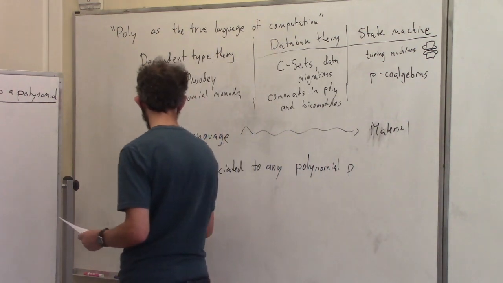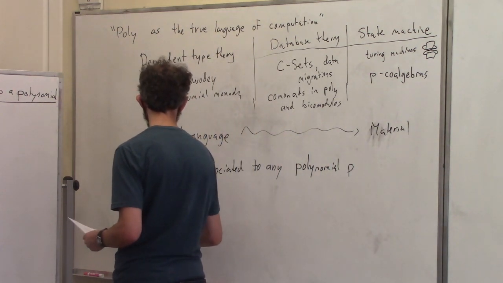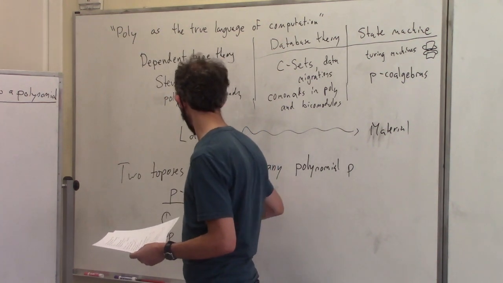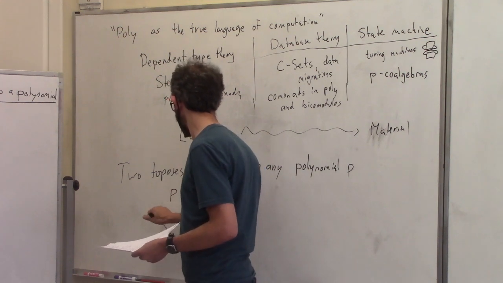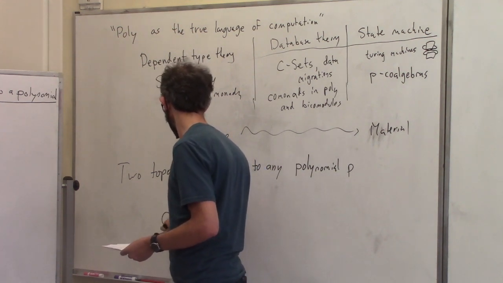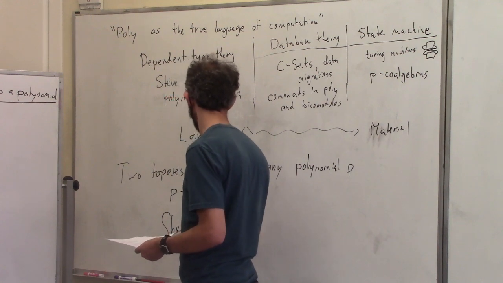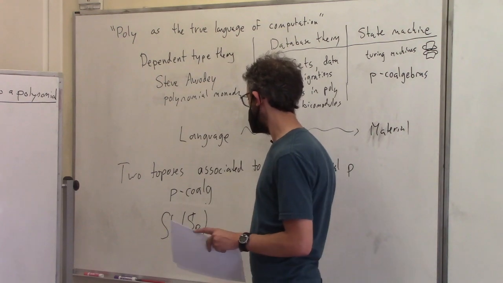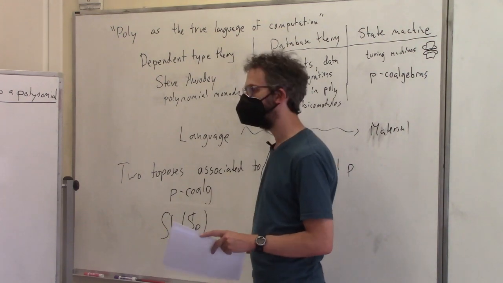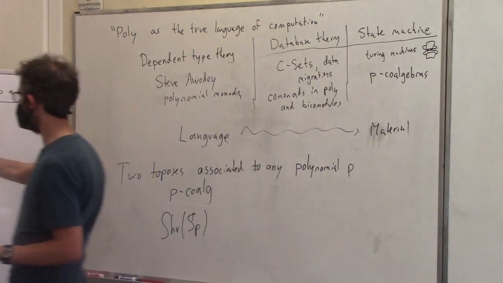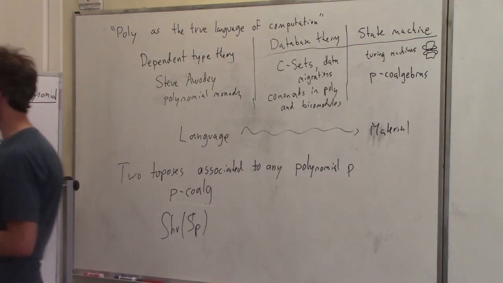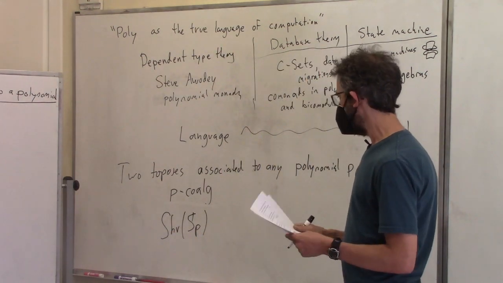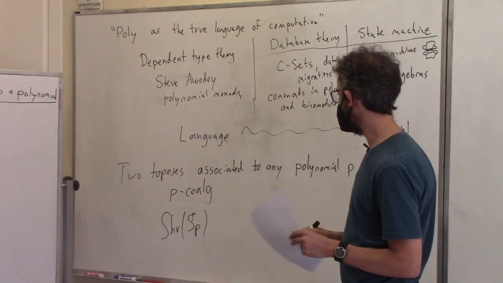And another one is, there's a certain stone space, or more generally, if P is not finite, a topological space, and sheaves on that space. Sheaves on this stone space, or whatever slightly more general thing, is another topos you can assign to P. So one is p-coalg, and this one is sheaves on the stone space. And that's what I want to talk to you about today.